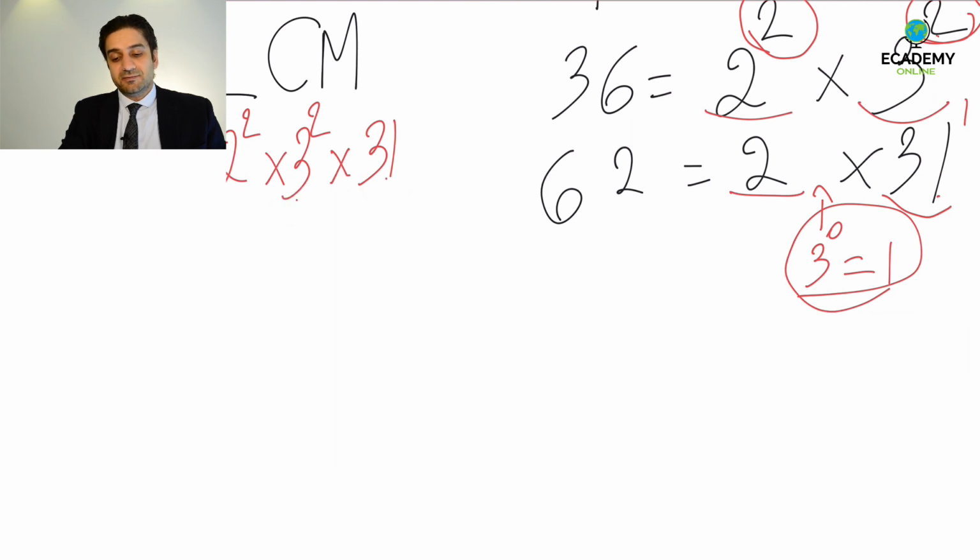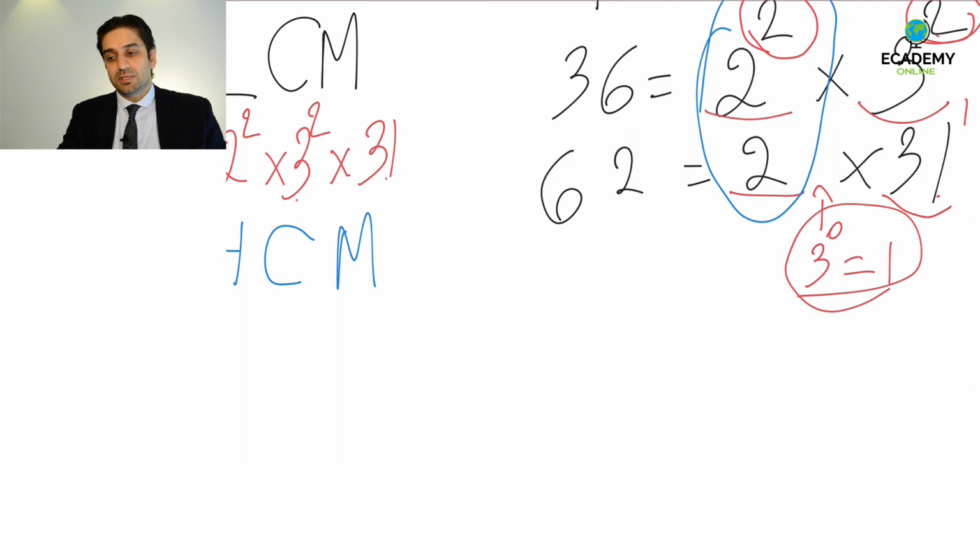Now the HCF, or the highest common factor, in this case looks at only the common prime factors. The common prime factor is 2 only. This one has a power of 1 and this one has a power of 2. I will take the one with the lower power.